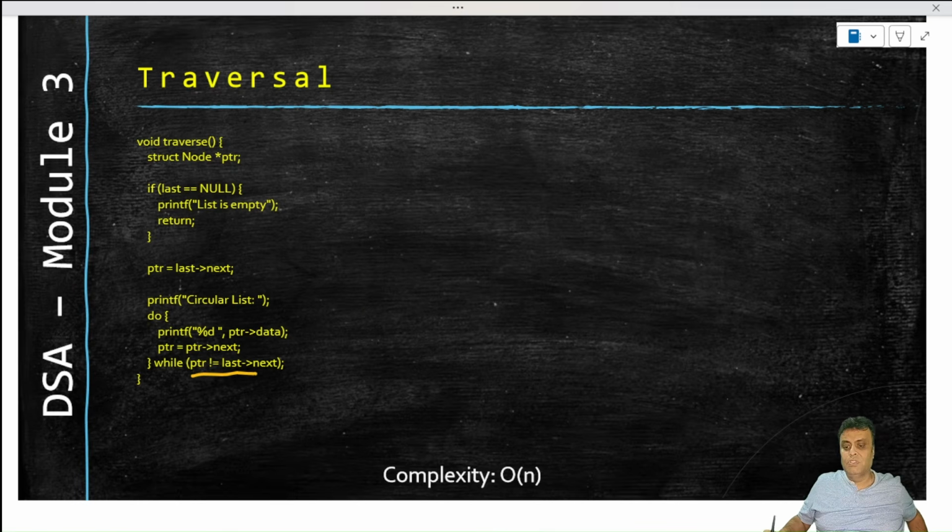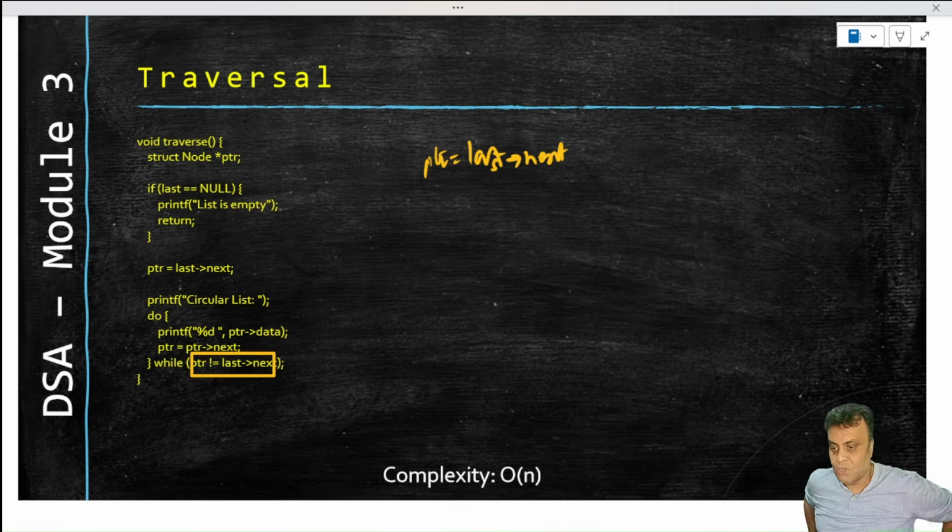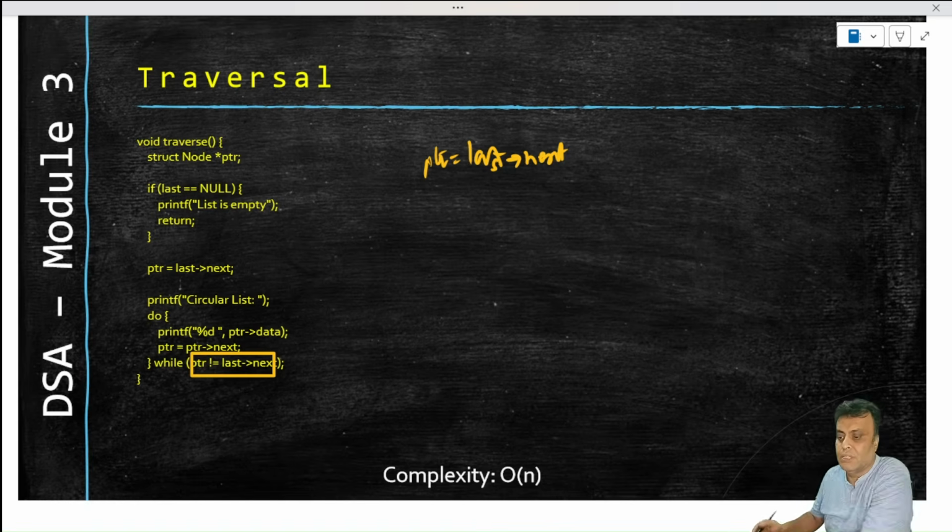This is how we stop the loop, because this is a circular loop, it will go on forever. So what are we saying? Pointer is not equal to last next. So we are saying pointer equal to last next to start. Remember, we will not play around with the last. We will store last next inside pointer, right?